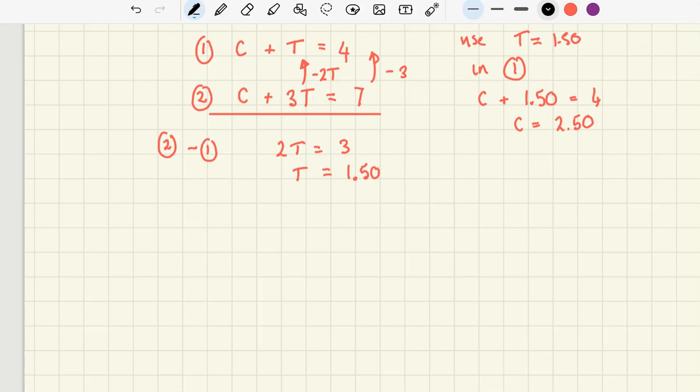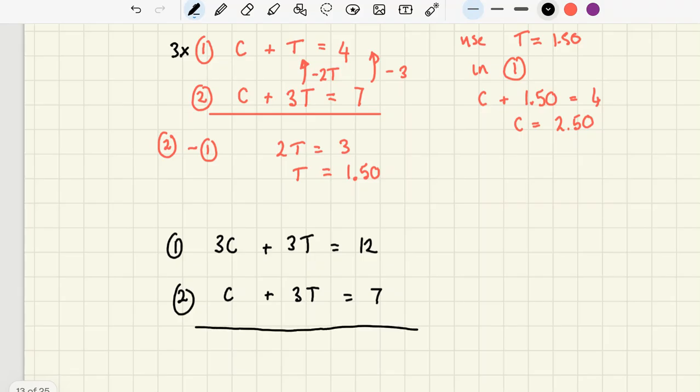So if we times this one by 3, we would have 3 C's plus 3 T's equals 12. And then the second one is still coffee plus 3 T's equals 7. Is that what you had? Yeah.